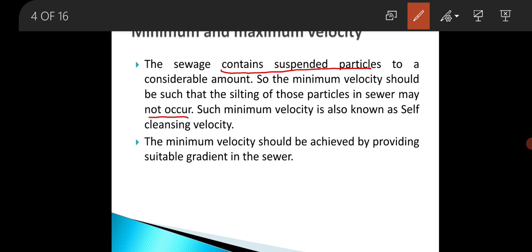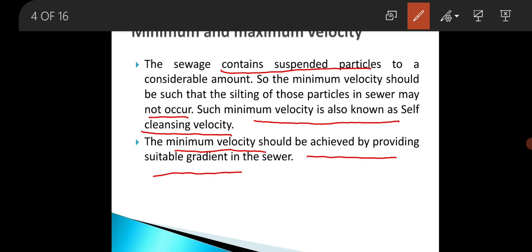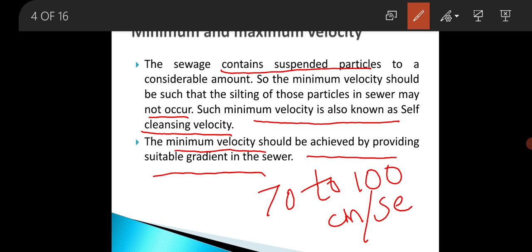So the minimum velocity is known as self-cleansing velocity, and this velocity can be achieved by providing a suitable gradient in the sewer. Generally, the self-cleansing velocity varies from 70 to 100 centimeter per second.